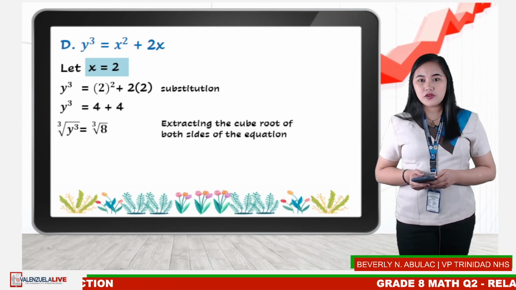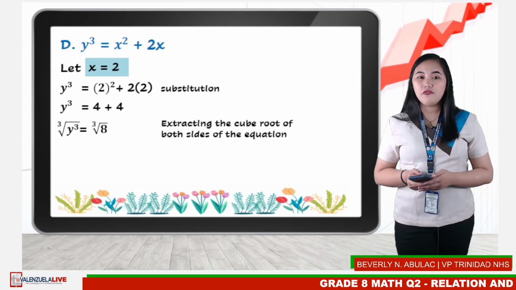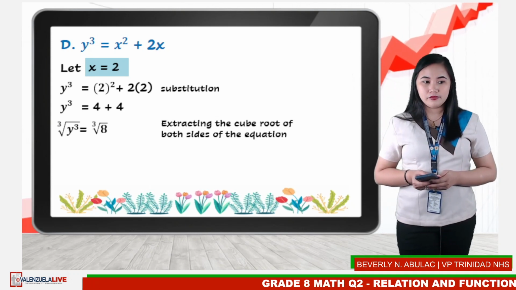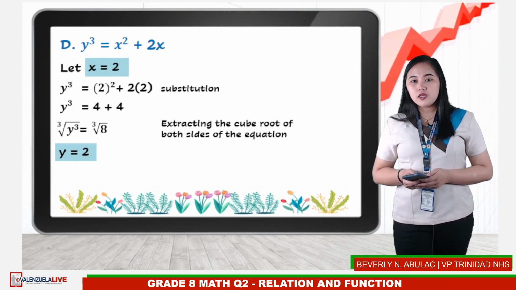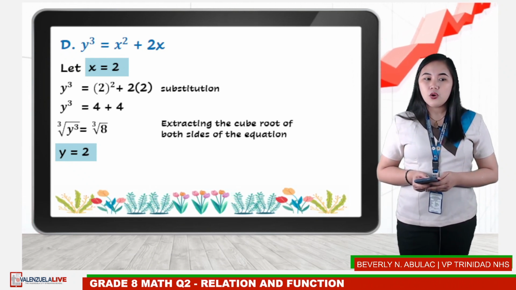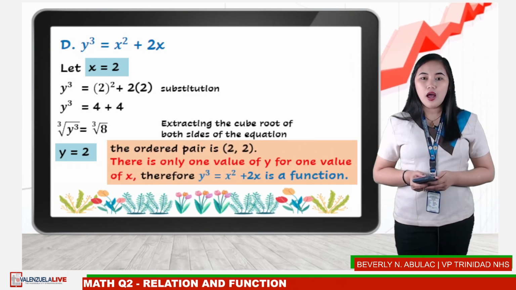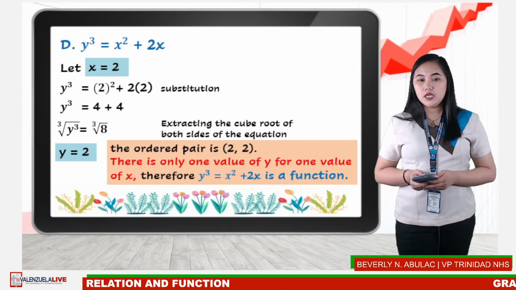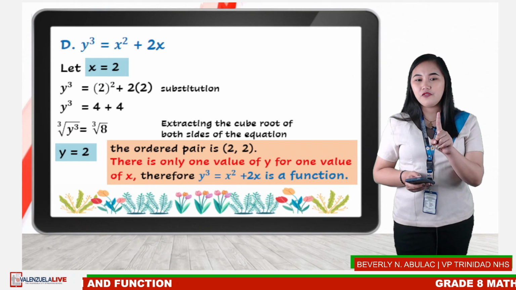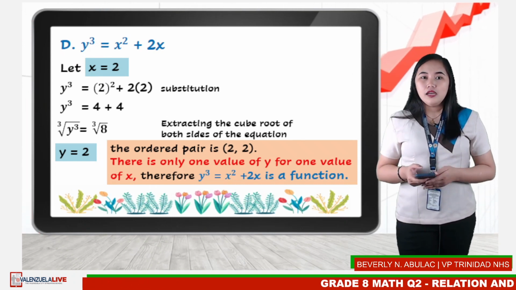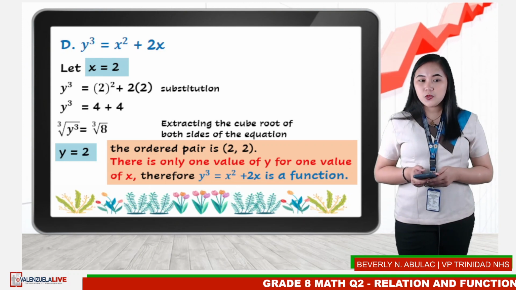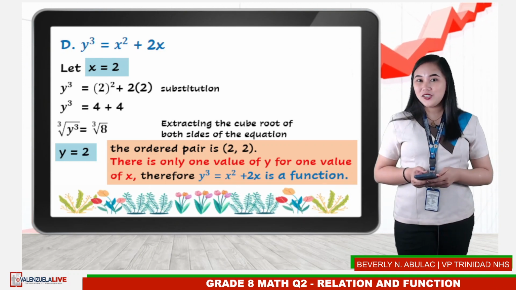Then we have to extract the cube root of both sides of the equation. Then we have y is equals to 2. So the ordered pair is (2, 2). There is only one value of y for one value of x. So therefore, y cubed is equals to x squared plus 2x is a function.